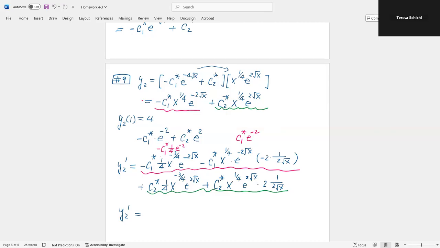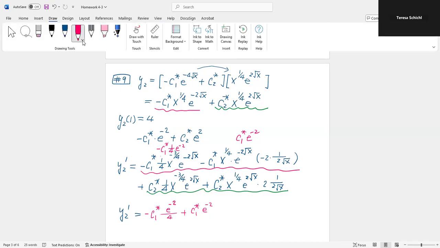Let me write here in the color code. So this is negative C1 star times 1/4 e to the negative 2, then plus C1 star e to the negative 2. Now let's see what we have for the second part.